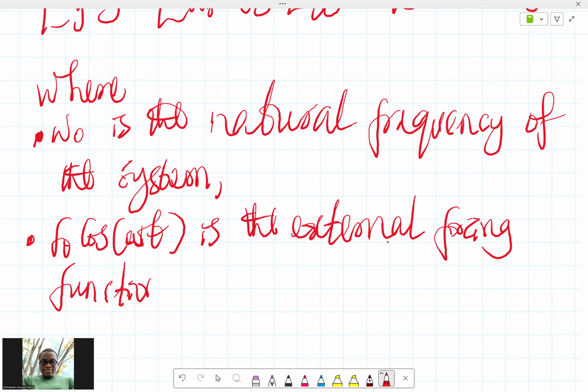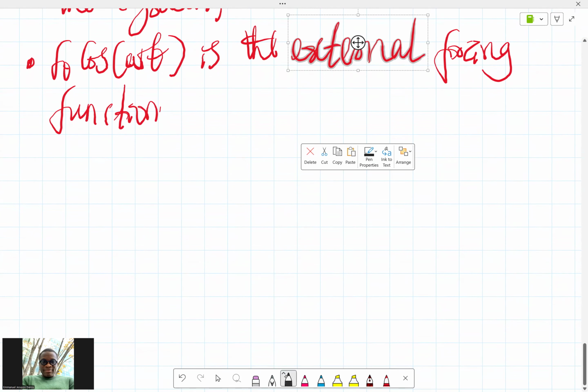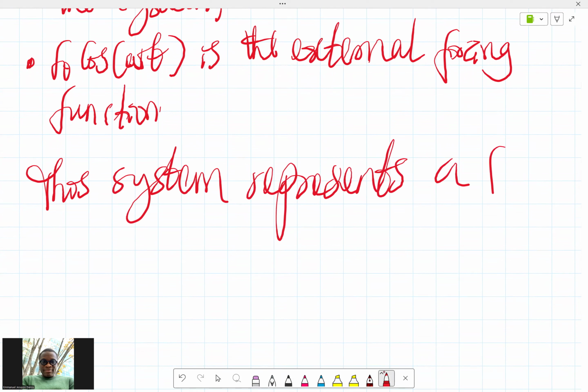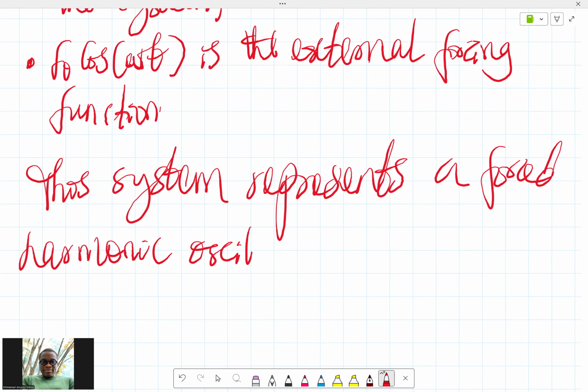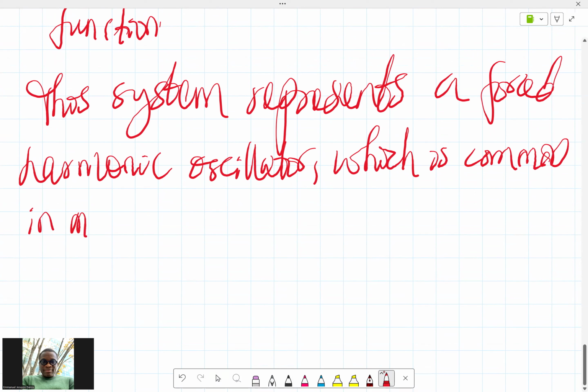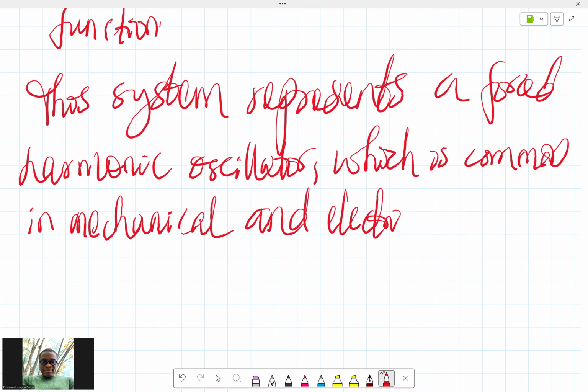This system represents a forced harmonic oscillator, which is common in mechanical and electrical oscillations.